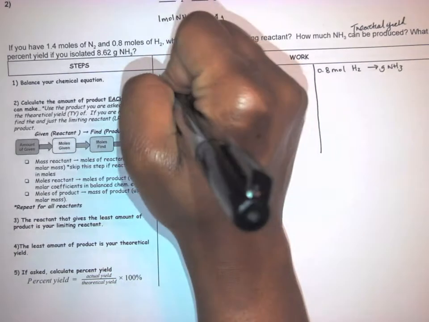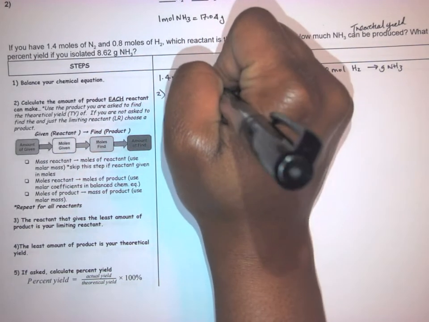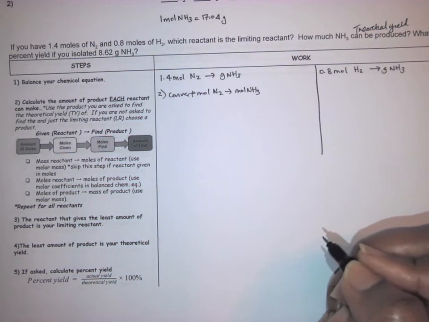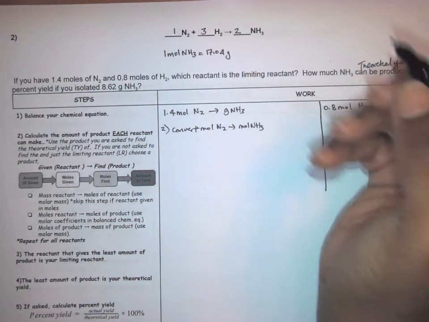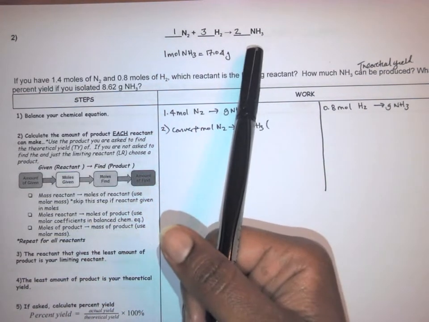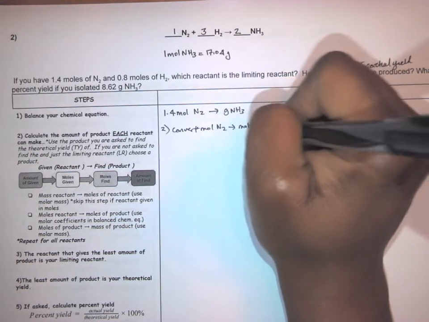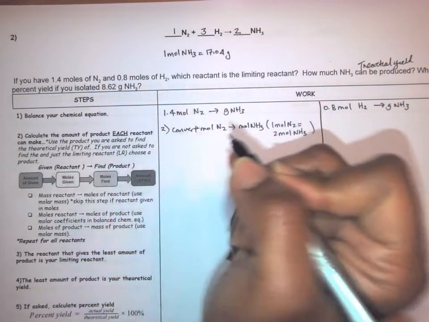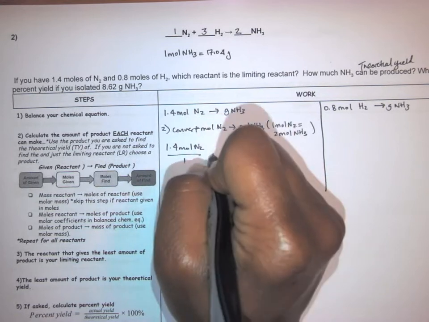We're on step 2 where we're converting from moles of N2 to moles of NH3. And for this step, you're going to use the coefficients in the balanced chemical equation, okay? Where we know that 1 mole of N2 is equivalent to 2 moles of NH3. All right, so let's take our 1.4 moles of N2 over 1.